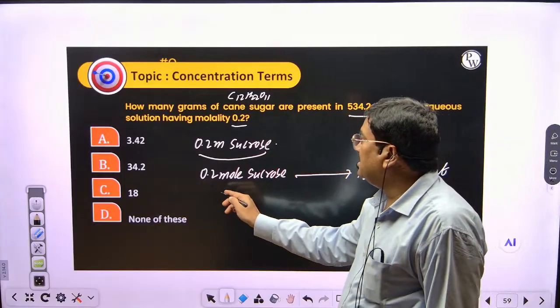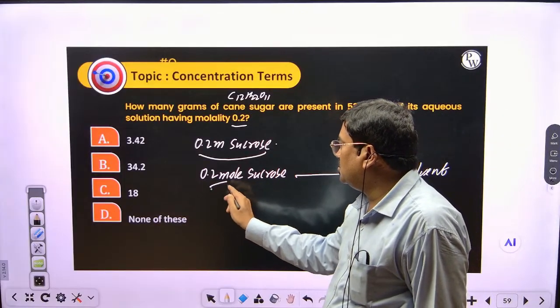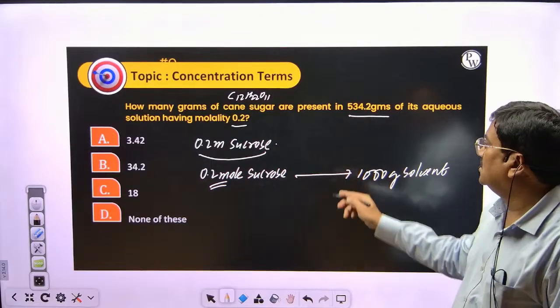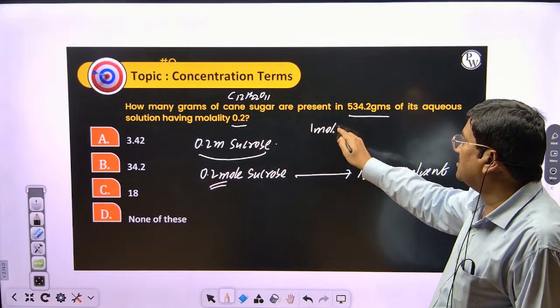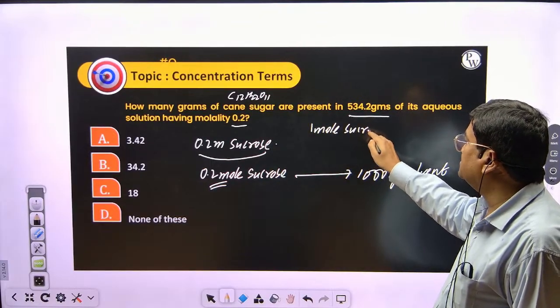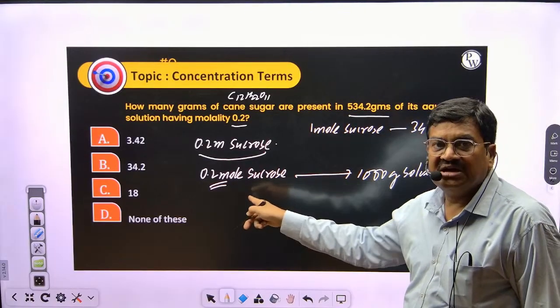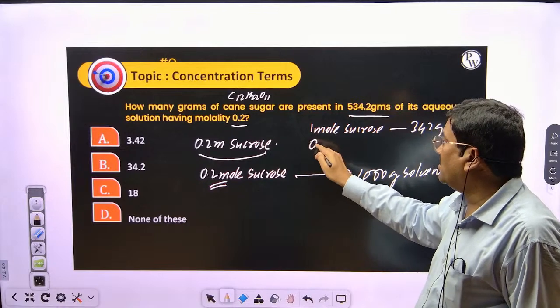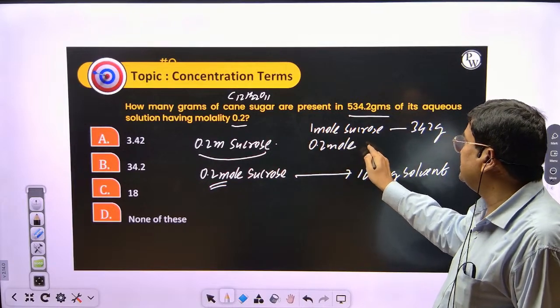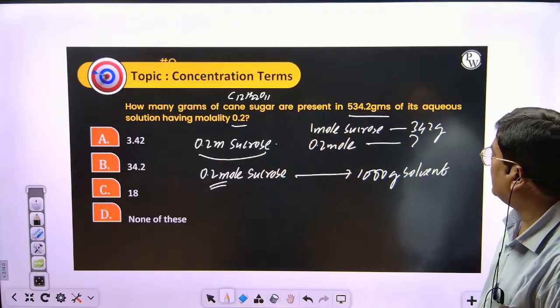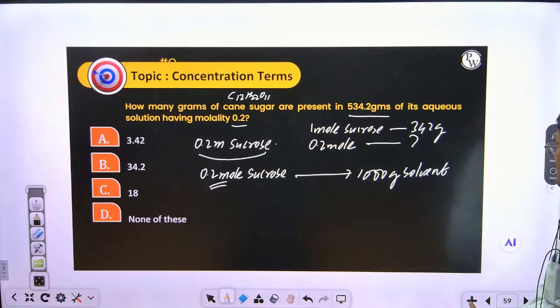Now tell me what will be the mass of 0.2 mole of sucrose? 1 mole of sucrose weighs how many grams, students? 342 grams, correct? You know how to find molar mass: the algebraic sum of atomic masses. So for 0.2 mole, how much mass will it weigh? Multiply 342 with 0.2.